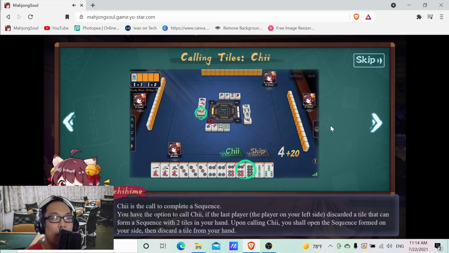And calling tiles. Calling tiles is your own decision. When players first play Mahjong Soul, they get so tempted when they see the buttons here. They tend to click it because they think they're going to end up winning because that button is there.